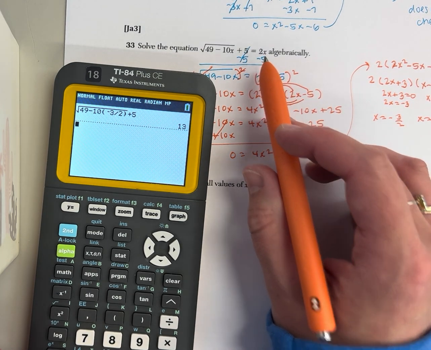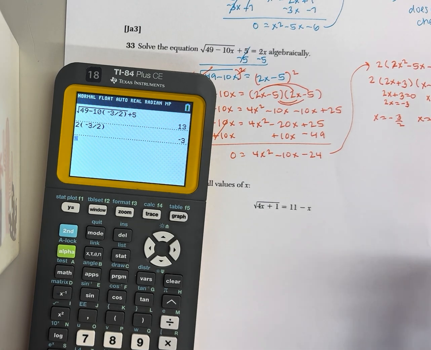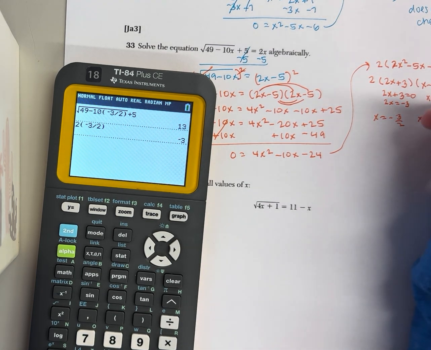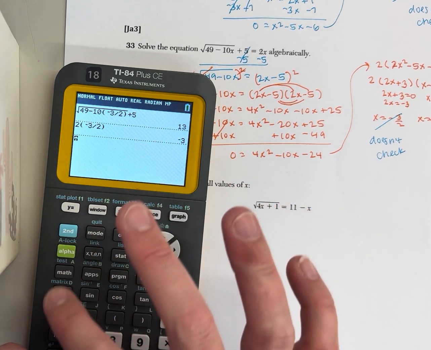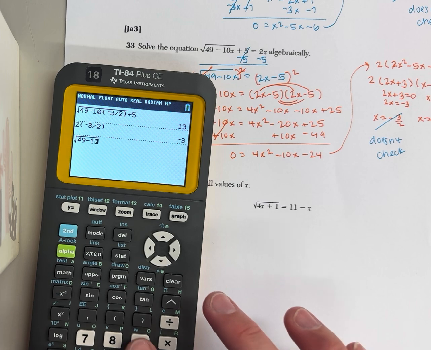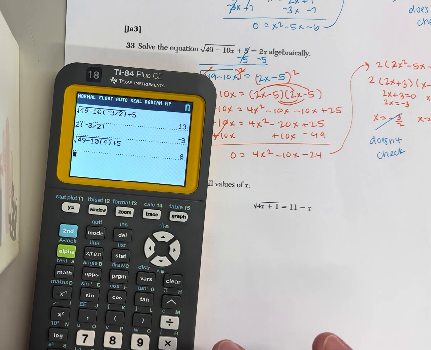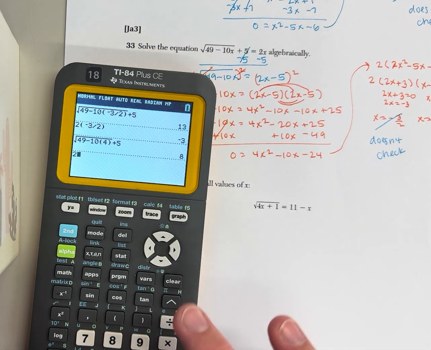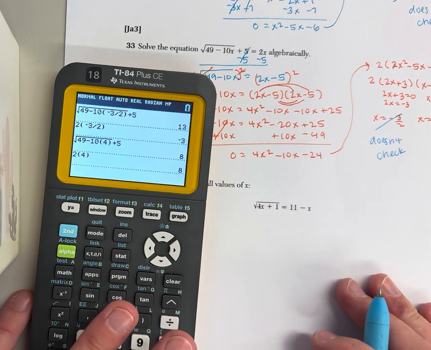And then we're going to check 2 times negative 3 halves, negative 3. That doesn't work. This doesn't check. Now let's try 4. 49 minus 10 times 4, outside of the radical plus 5, that's 8. And then 2 times 4, also 8. So 4 works. So that's my final answer.